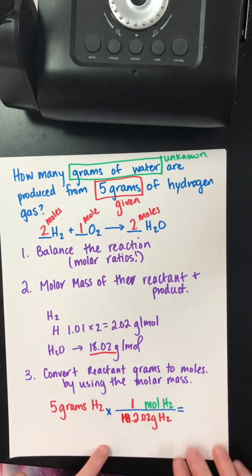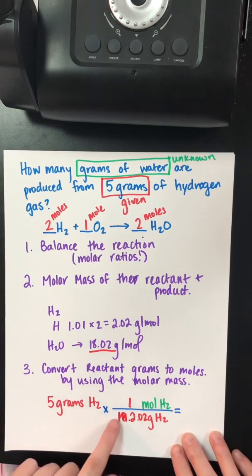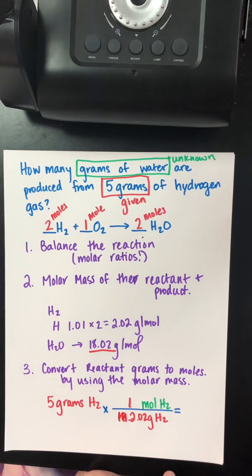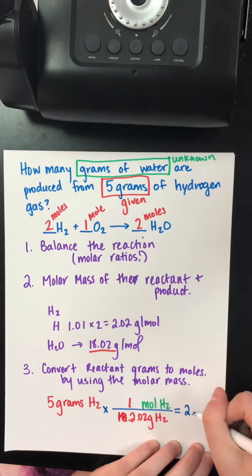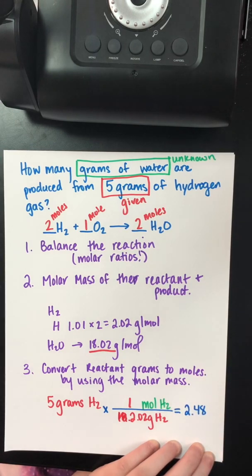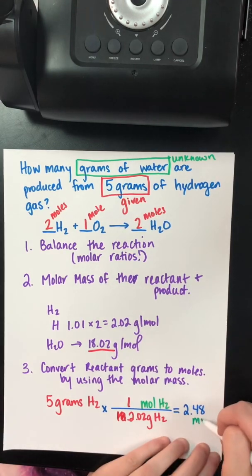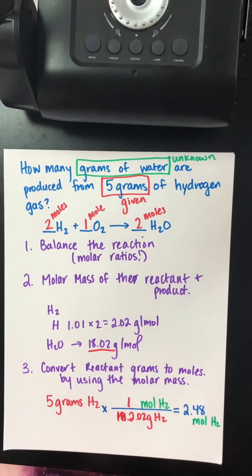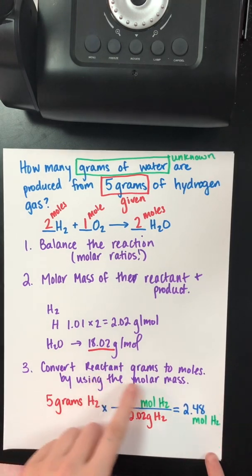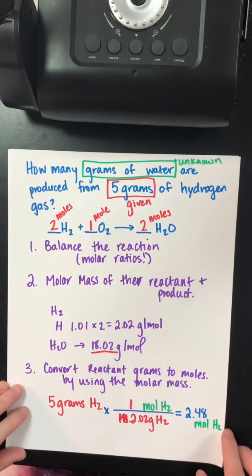So grab your calculator and you need to plug in 5 divided by 2.02. And we get about 2.48 moles of hydrogen gas. So now we've converted our reactant grams to moles using the molar mass.